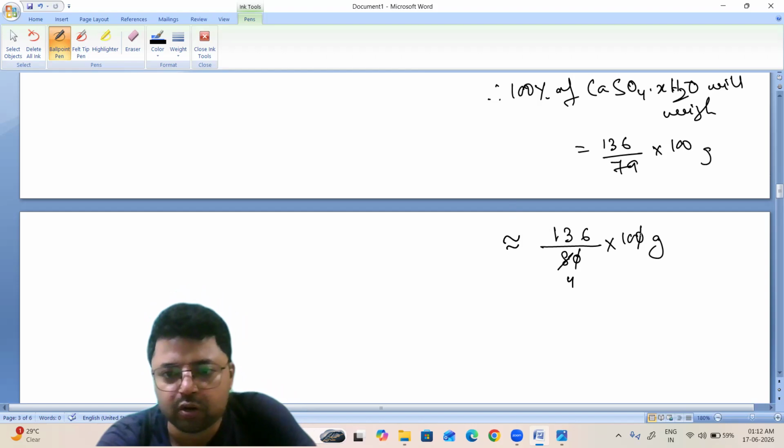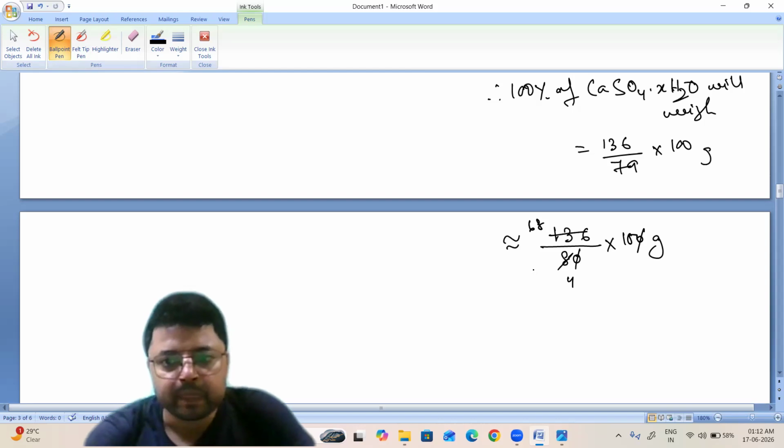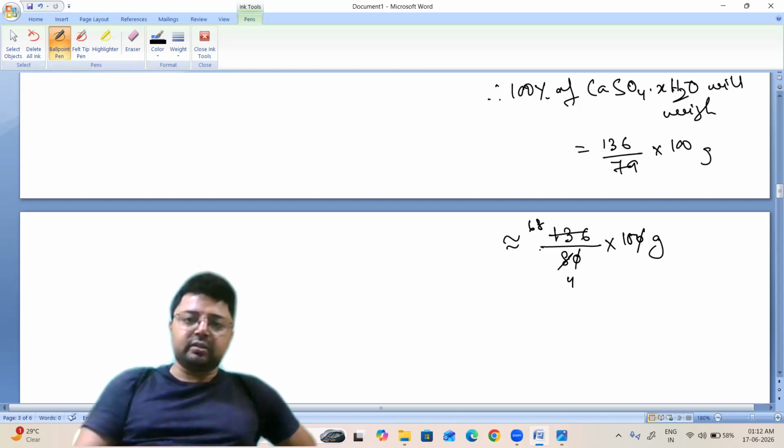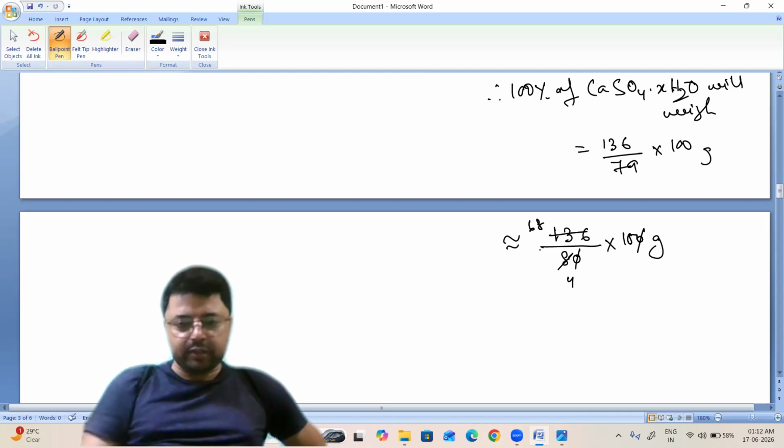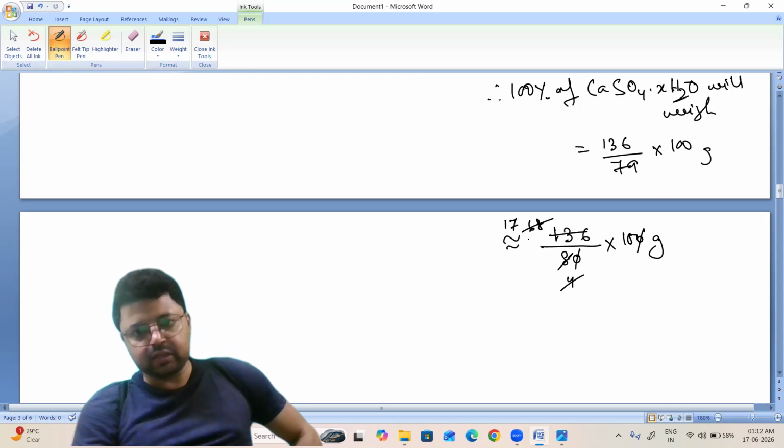Now it will be 4 and 5, so you may not also cancel this part. You can also do this: 2 sixes are 12, 1 six is 16, 2 eights are 68, so 136 divided by 2 is 68. Now 4, you can directly cancel 68. 4 ones are 4 and 4 fours are 16, it will be 17. 17 fours are 68.